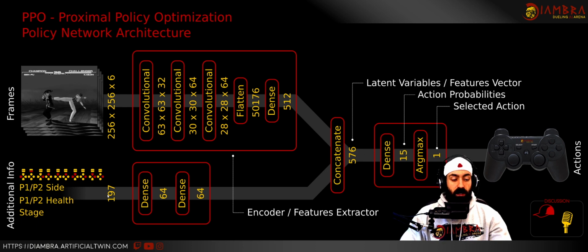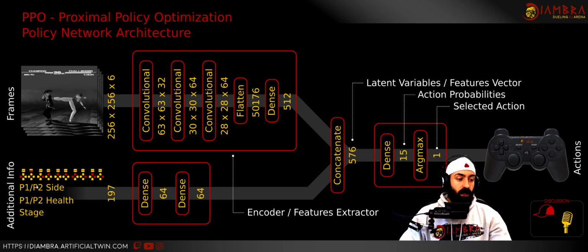Both variations are obviously, in the case of actions, related to the number of actions available. So since we have 15 possible actions, we have 15 action probabilities related to them. We will select the action with the highest probability. Okay, this is the argmax.